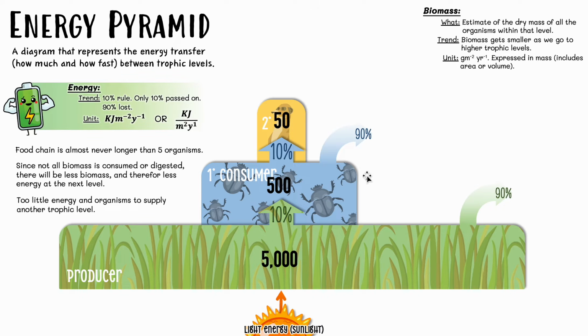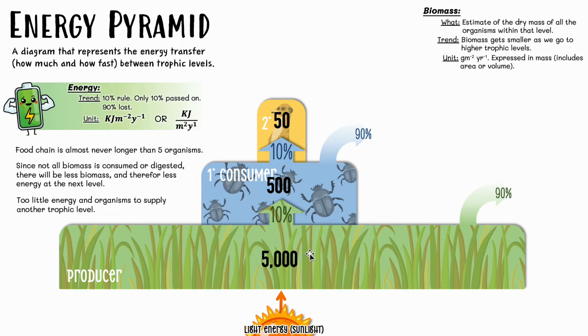But the pattern, the curve, will look very similar for a biomass pyramid compared to an energy pyramid, because it will show the dry mass, meaning they remove all the water. So they're only measuring the meat without any water. Because remember, your body is like 70% water. So the biomass is the dry mass of your body. And as we go from the lower trophic levels to the higher trophic levels for this curve, the biomass will also get smaller, right?